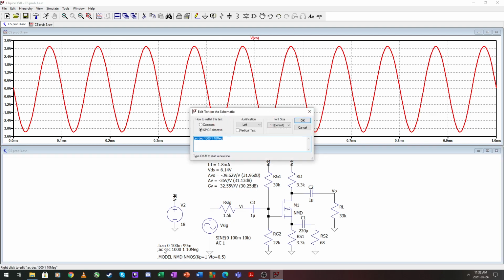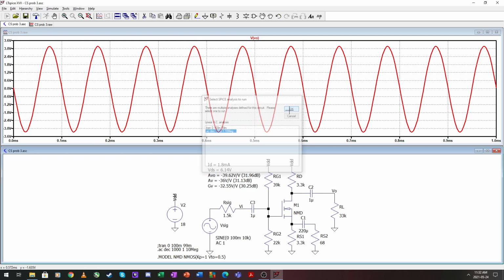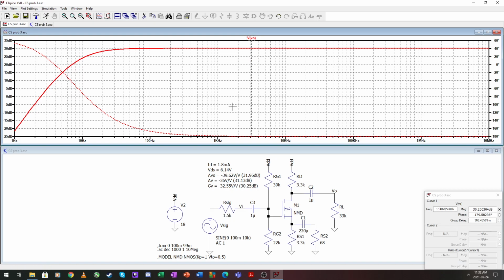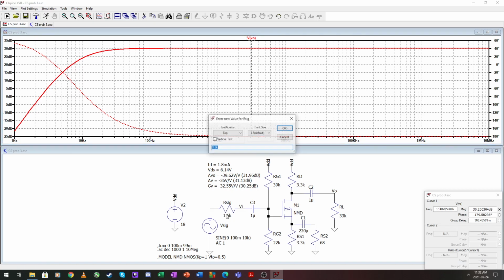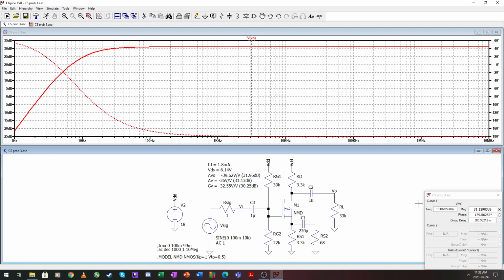Let's look at the AC. Right. So here we have 50.25 dBs. If we decrease this to 1 ohm, it stays very close.